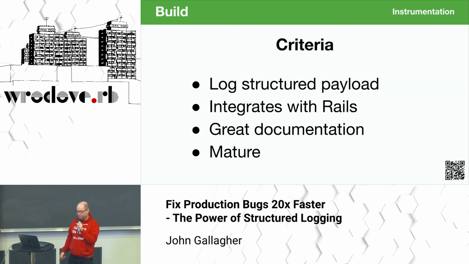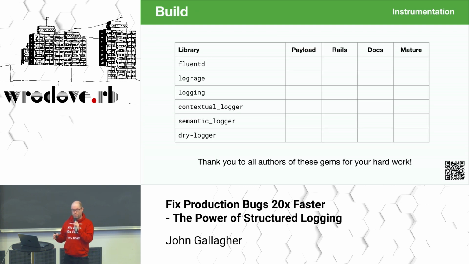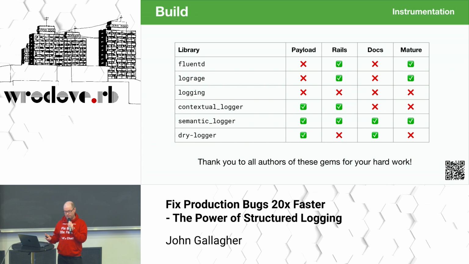And is it mature? So before I go through all the options, I just want to say thank you to everybody who works on open source software in any way, shape, or form. Our community would not exist without you all, obviously, so massive thank you. Having said all of that, here's how it shakes out. Semantic Logger is the best one that I've come across.